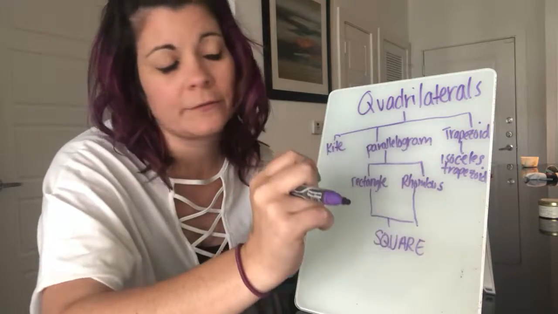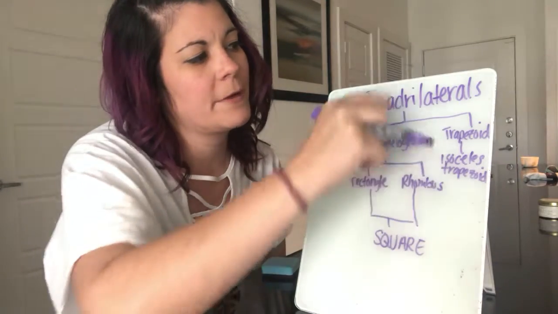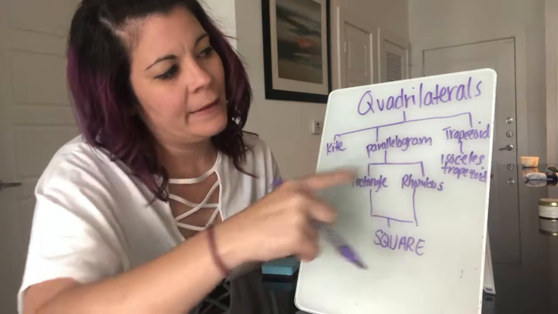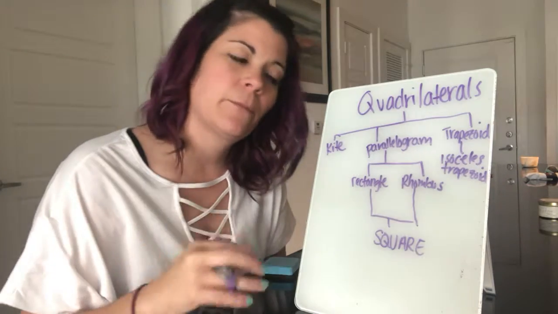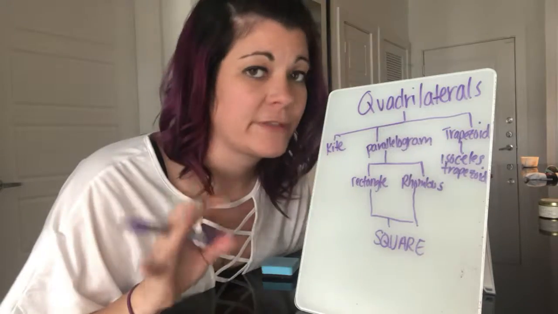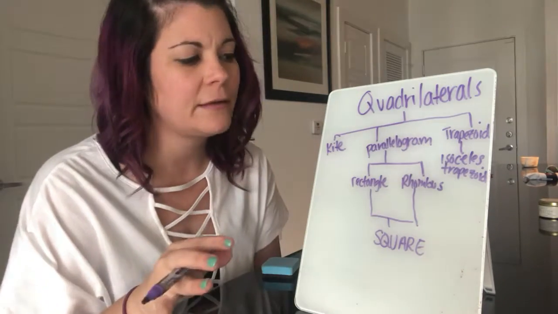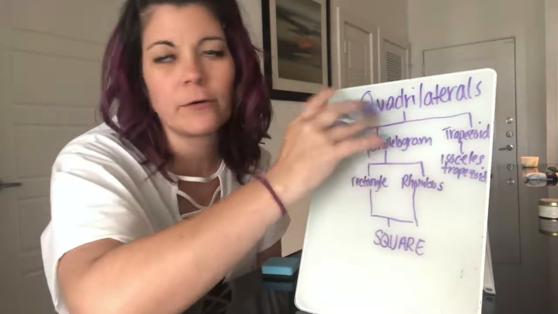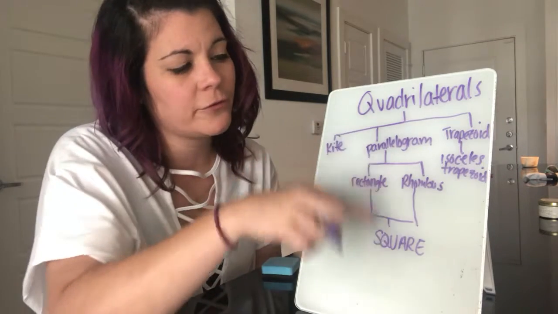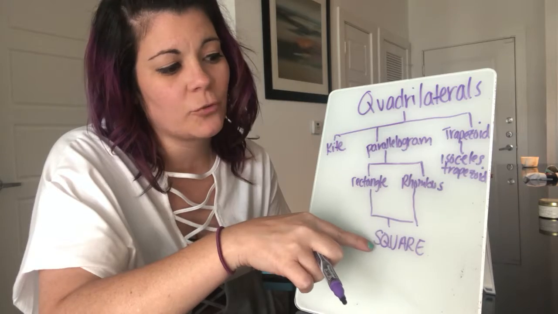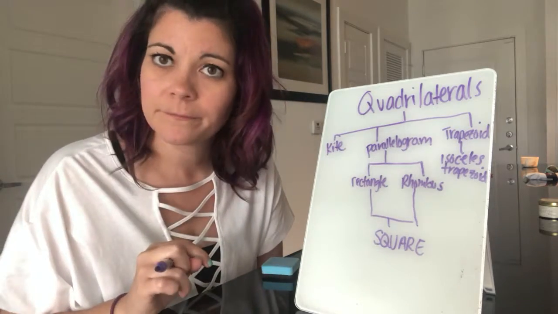A rhombus also has three names: parallelogram, rhombus, or quadrilateral. And a parallelogram can also be called a quadrilateral. But we always name shapes by their most specific name, okay? Because we need to distinguish between a square and a rectangle, a parallelogram, and a quadrilateral. Because not all quadrilaterals are squares, but all squares are quadrilaterals.